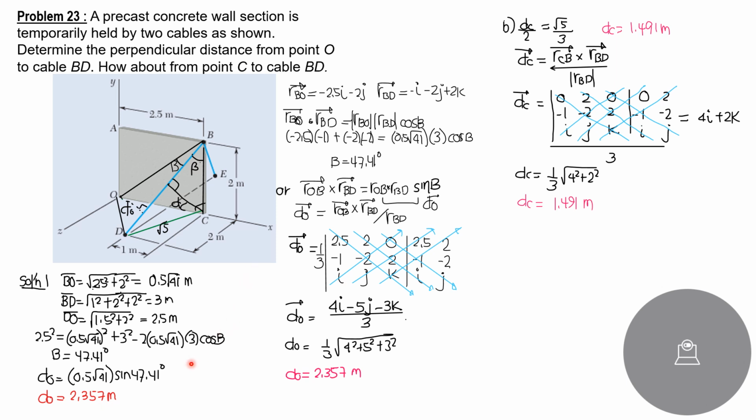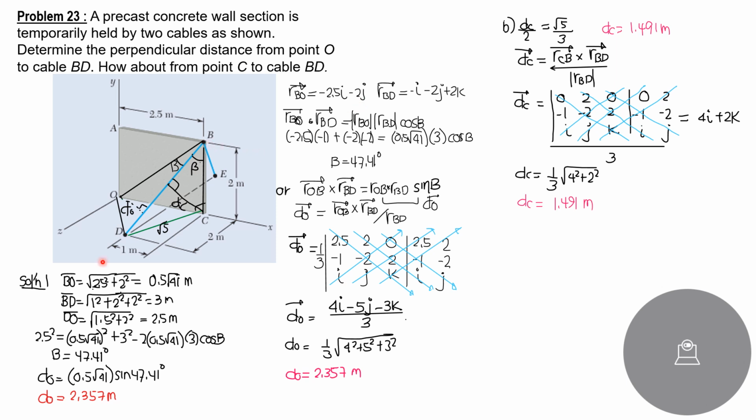Another way of computing angle B is to apply that dot product for the angle. So RBO, position vector BO, is going to the left 2.5, going down 2. So that's why it is negative 2.5i minus 2j.